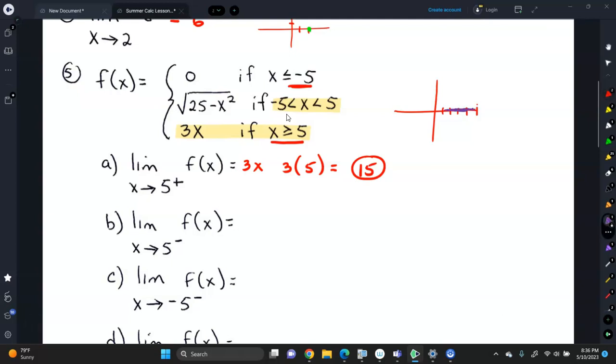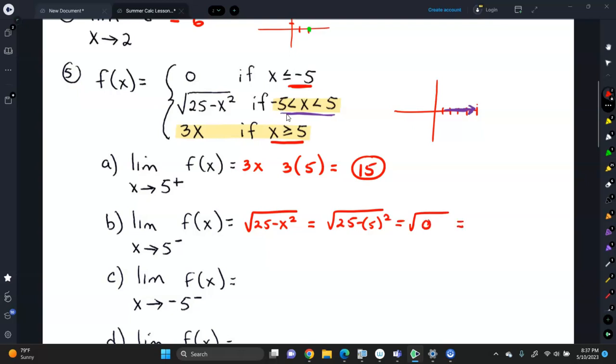So we're looking here, and that would fall in this range between -5 and 5. So we're going to use that part of the piecewise function. So we're going to use the 25 minus x squared. And that's going to give me the square root of 25 minus 5 squared, which is the square root of 0, which gives me 0.